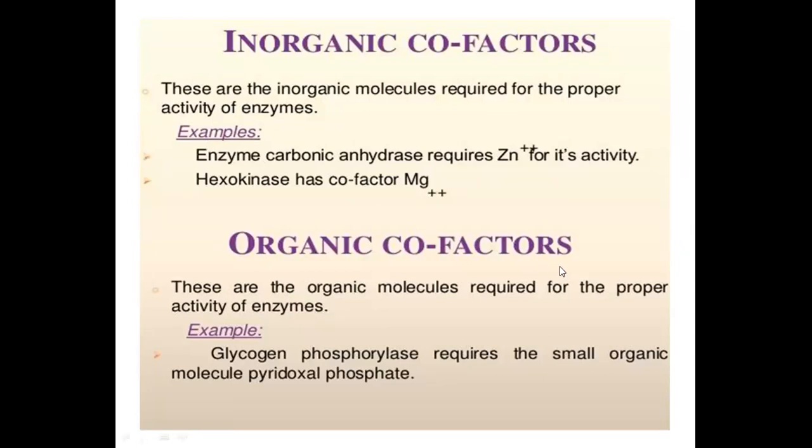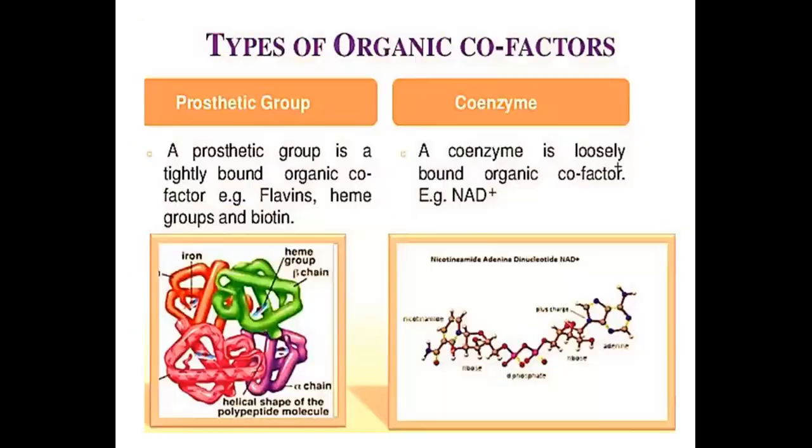So these are inorganic cofactors. In the case of organic, glycogen phosphorylase requires a small organic molecule, that is pyridoxal phosphate. Pyridoxal phosphate acts as an organic cofactor for glycogen phosphorylase. When glycogen phosphorylase acts in glycogenolysis, it requires this organic cofactor.